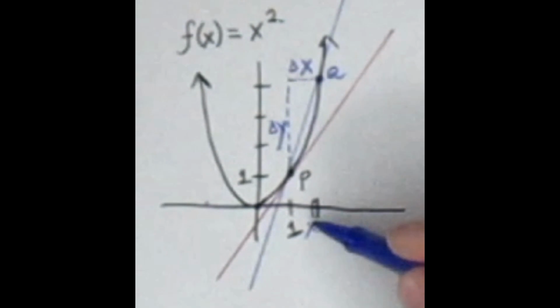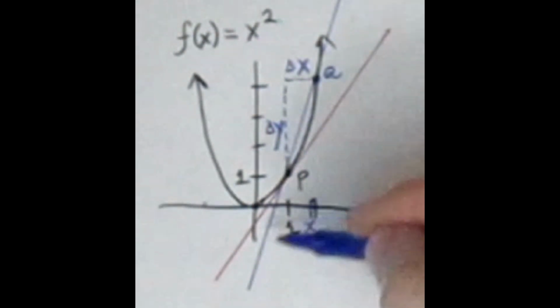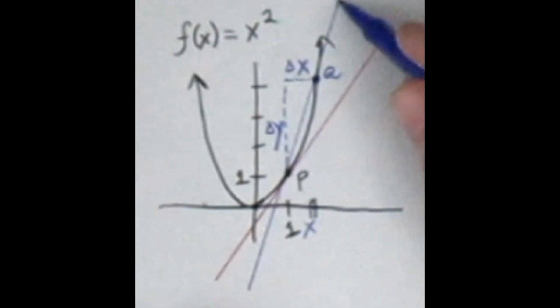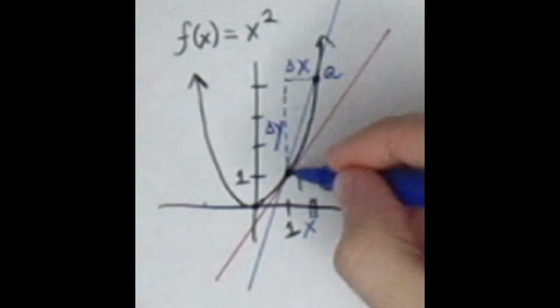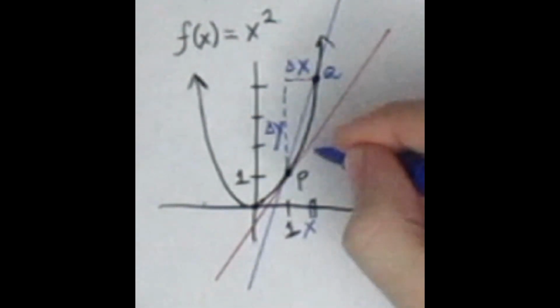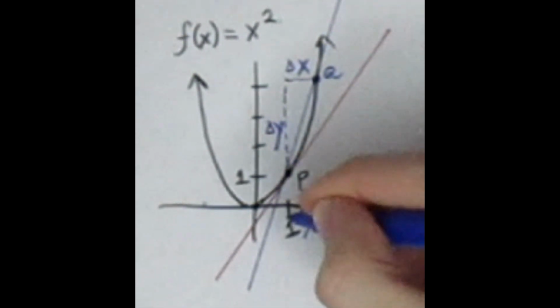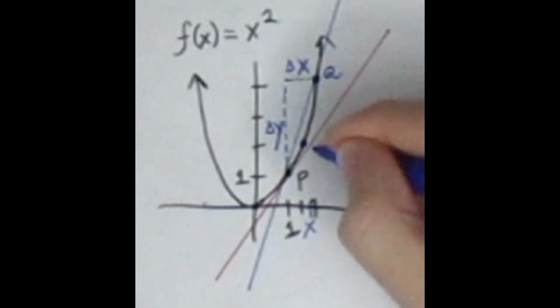Well, if we plug in numerical values and find the slope, it's not going to be exactly the tangent line. It's going to be off a little bit. Could we move Q closer to the point P? Well, let's try it. Let's move our x value in closer to 1 and put our Q here and draw the secant line.